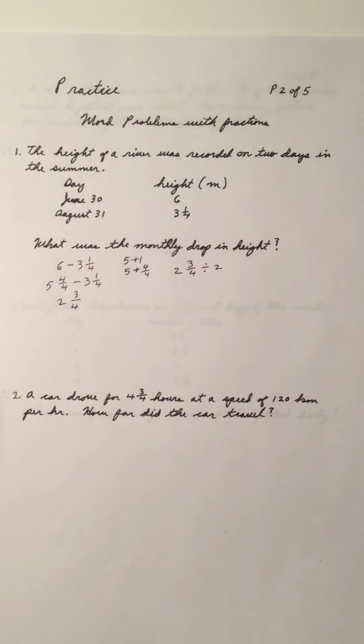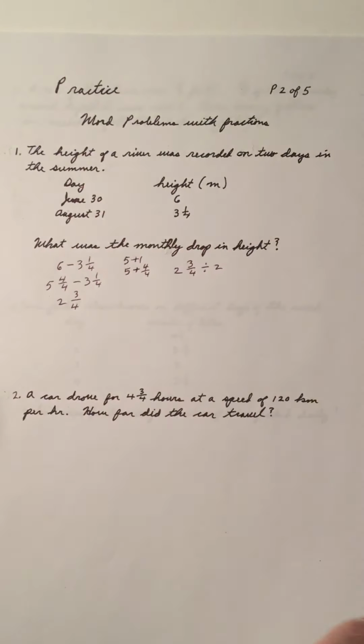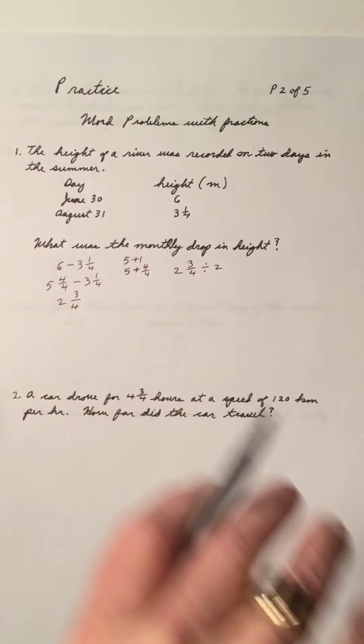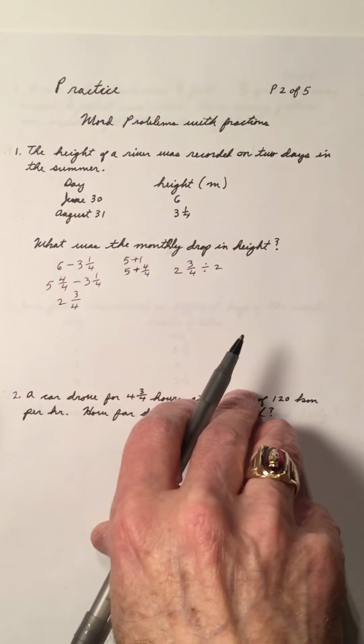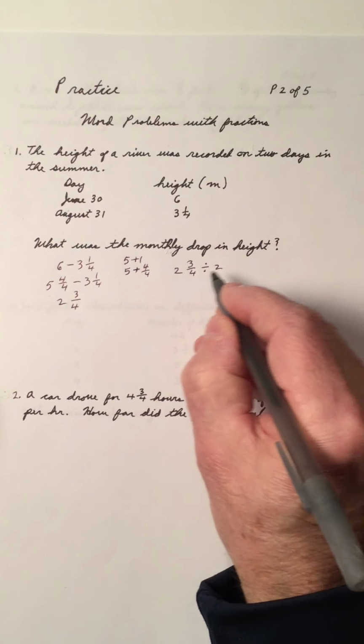So that means it's like finding the average. We read it only 2 times, so we had to divide by 2.